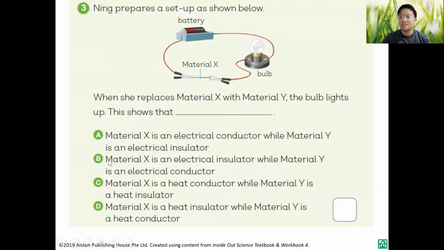So the most possible answer here is letter B. Material X is an electrical insulator, and it has been replaced with material Y, which is an electrical conductor. I hope you understand why it is the correct answer.